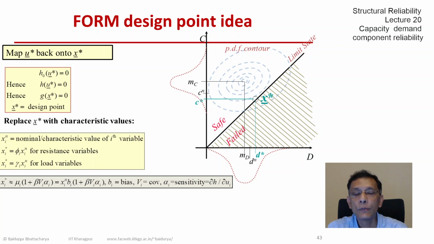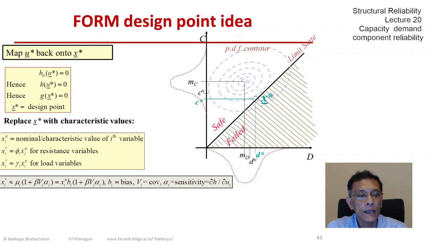For example, if you remember, U was beta times alpha. So if we now factor the mean out, we can express X star as mu times (1 plus beta V times alpha), where V is the coefficient of variation, so mu times coefficient of variation is sigma.